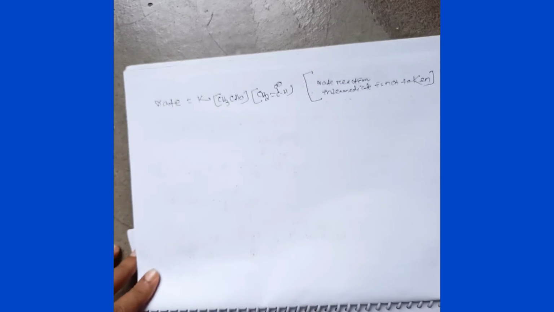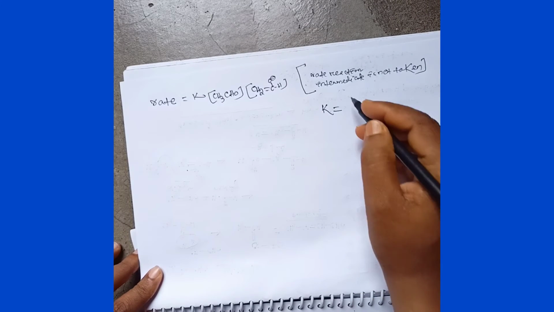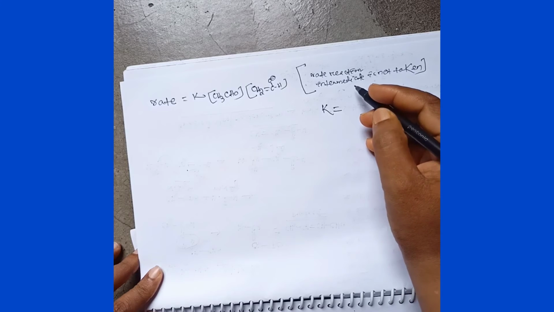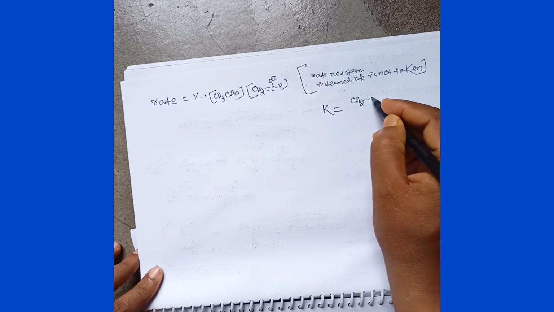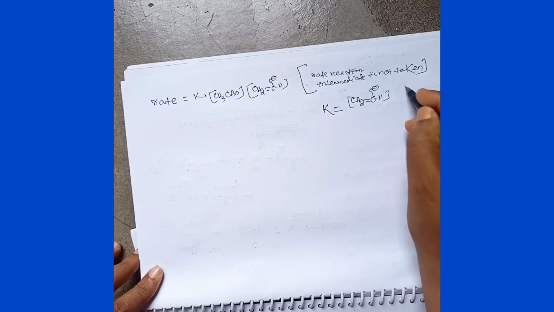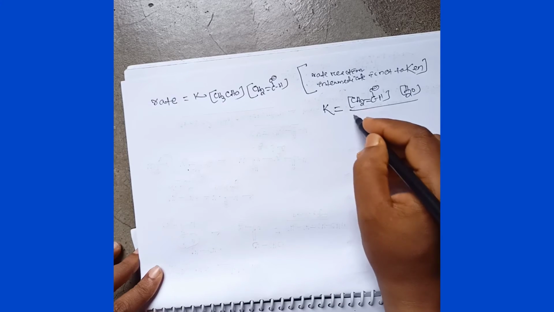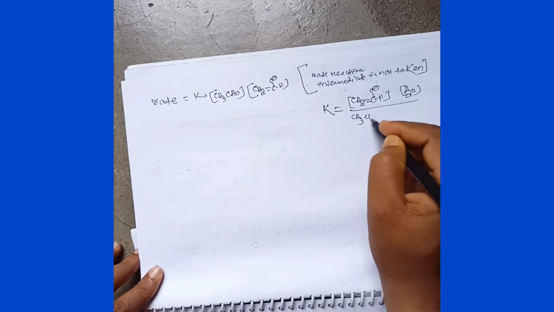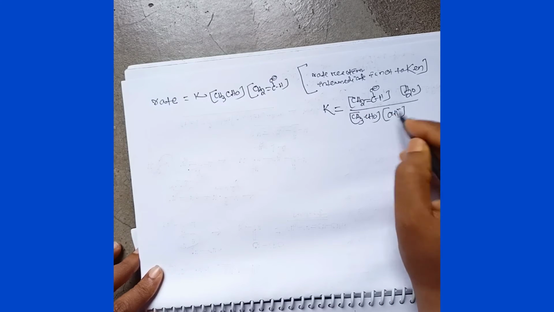So, I first write K for the step 1 reaction: K equals the enolate CH2 CO minus H and water, over the acetaldehyde molecule and OH minus.